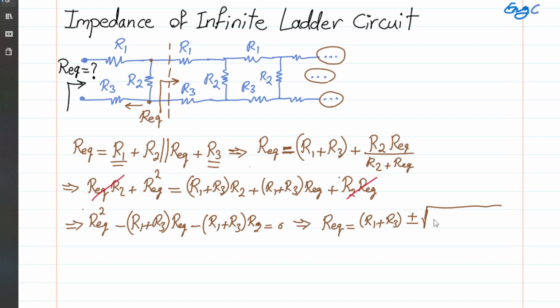Under the square root, we have R1 plus R3 squared, and then 4 times R1 plus R3 times R2, and then divide the whole thing by 2.